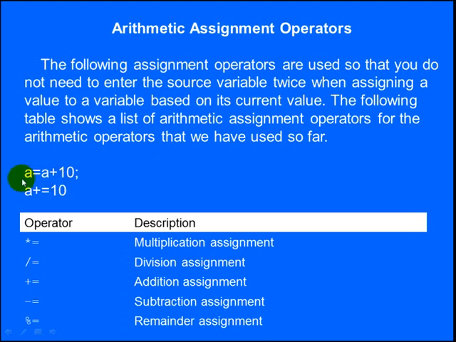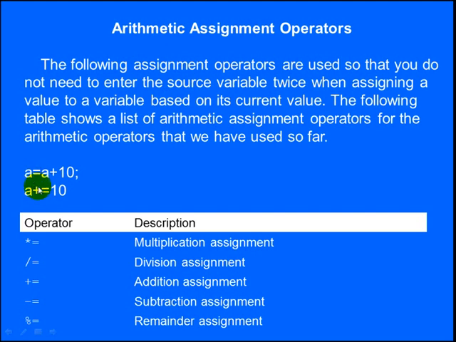Now in this statement a is coming twice, and we have two operators, plus, which is an arithmetic operator, and equal to, which is an assignment operator. Instead of writing this statement, we may write a plus equals 10. It means add 10 to the current value of a and assign it to a.